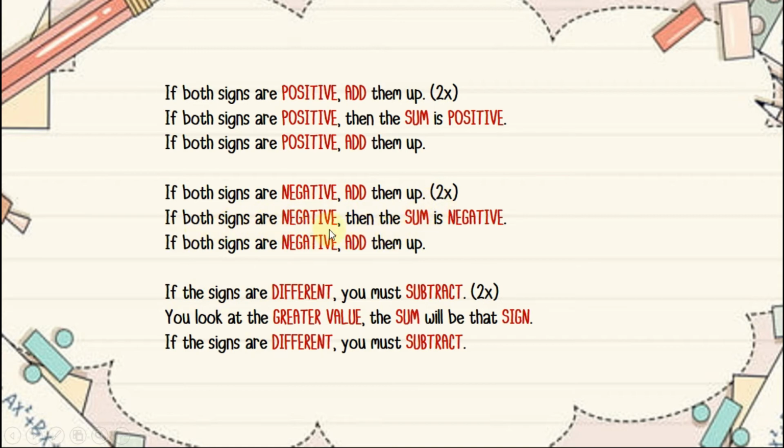If both signs are negative, then the sum is negative. If the signs are different, you must subtract. You look at the greater value, the sum will be the sign.